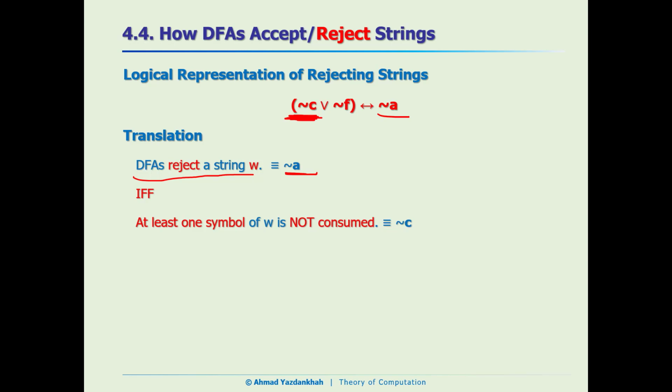So this is the negation of all symbols should be consumed. The negation of that will be at least one symbol is not consumed, or the machine does not stop or halt in a final state. So it should be in a regular state.